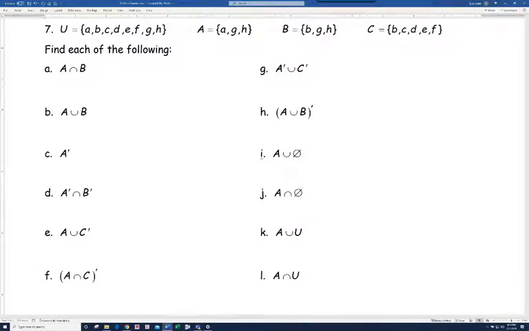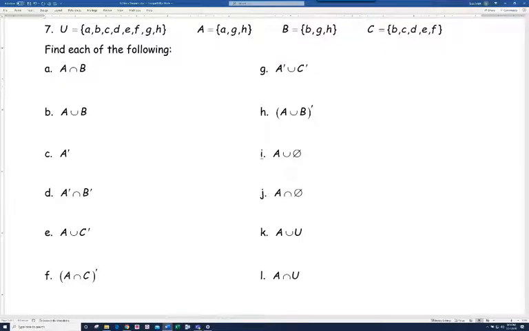So this will be our last one, and let's see if we can put this all together now. We've talked about A complement, A intersect B, and A union B. So here we have a universal set that goes from A, B, C all the way through H. We have set A with A, G, and H in it, set B with B, G, and H, and set C with B, C, D, E, and F. So let's go ahead and find A intersect B. Well, remember, intersect has the idea we need to find what the two sets have in common.